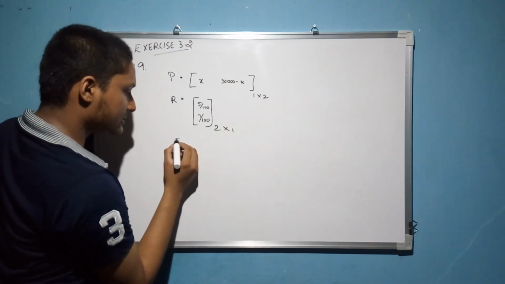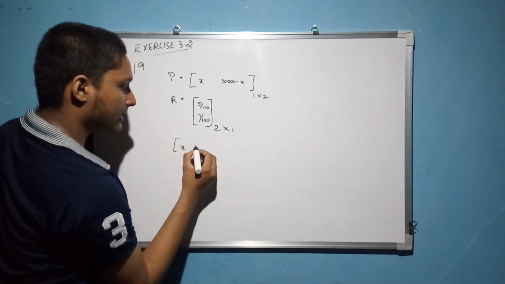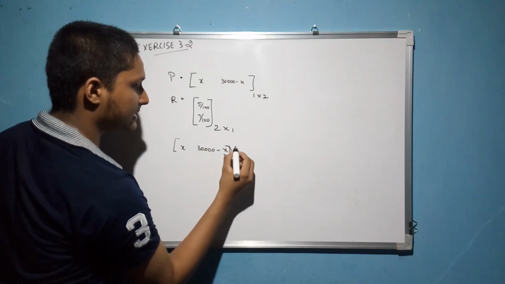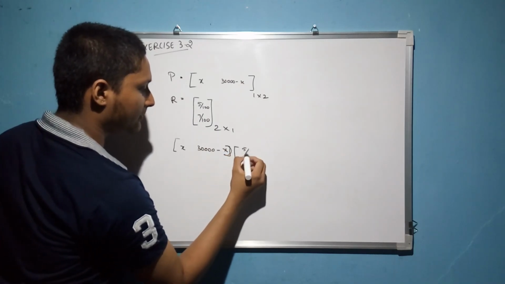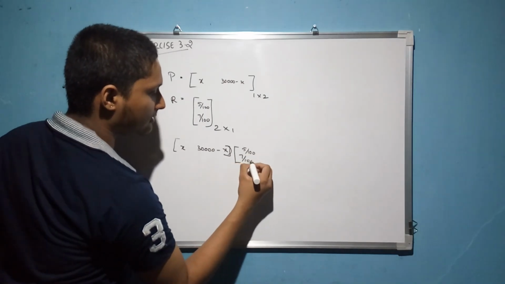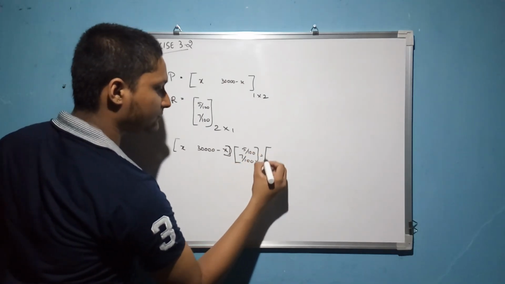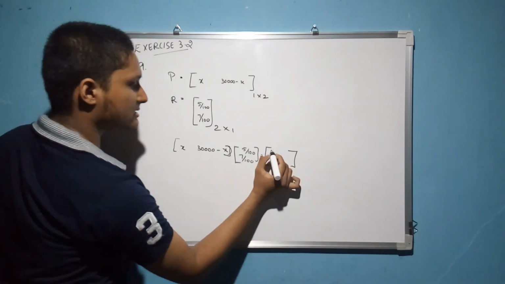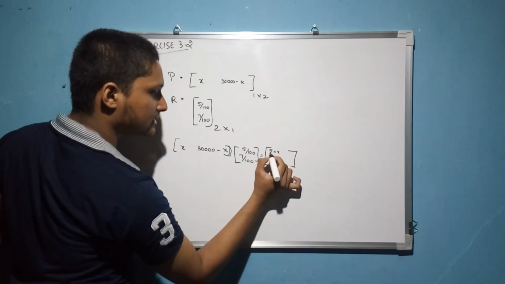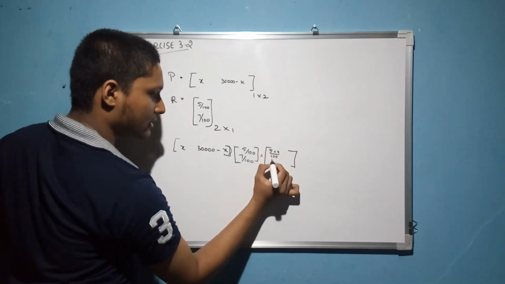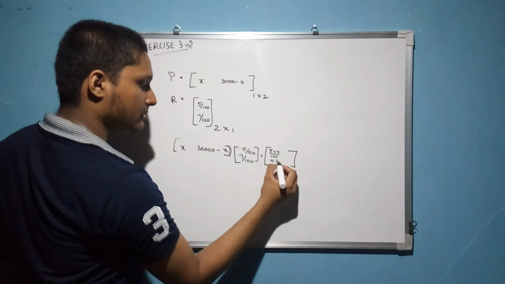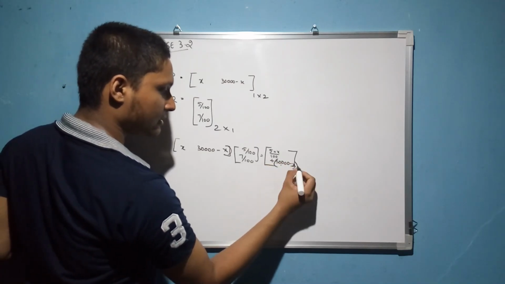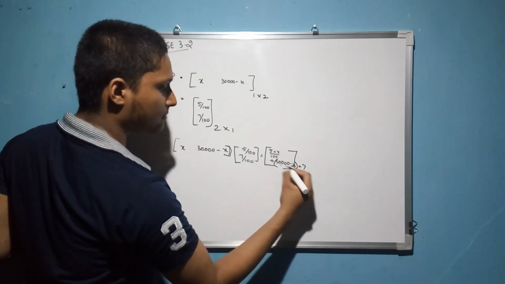If I multiply this, what I'm going to get is X and 30,000 minus X into 5 by 100 and 7 by 100, and you're going to get only one thing, that is 5 into X by 100 plus 30,000 minus X into 7 by 100.